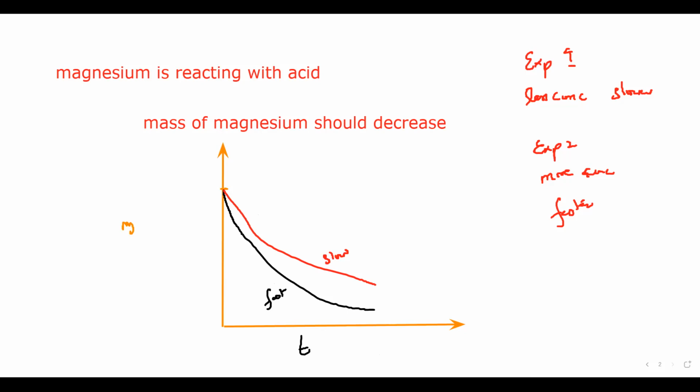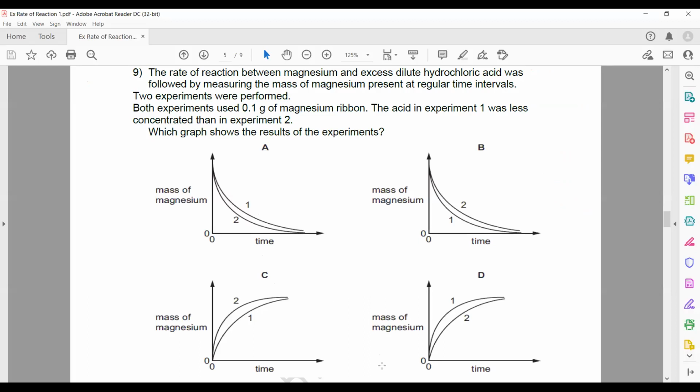The same thing they ask in this question: in experiment 1 we use less concentrated acid compared to experiment 2. So experiment 2 should be faster, or the change in the mass of magnesium should be more as compared to experiment 1.